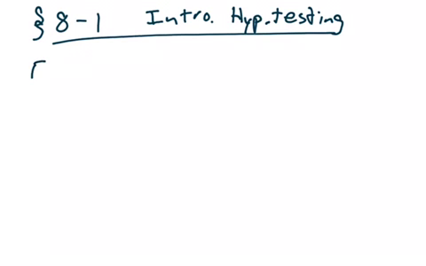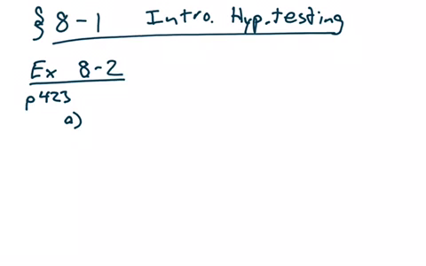So this is example 8-2 on page 423, just for your reference. Okay. So it says using Table E in Appendix A, find the critical values for each situation and draw the appropriate figure showing the critical region.